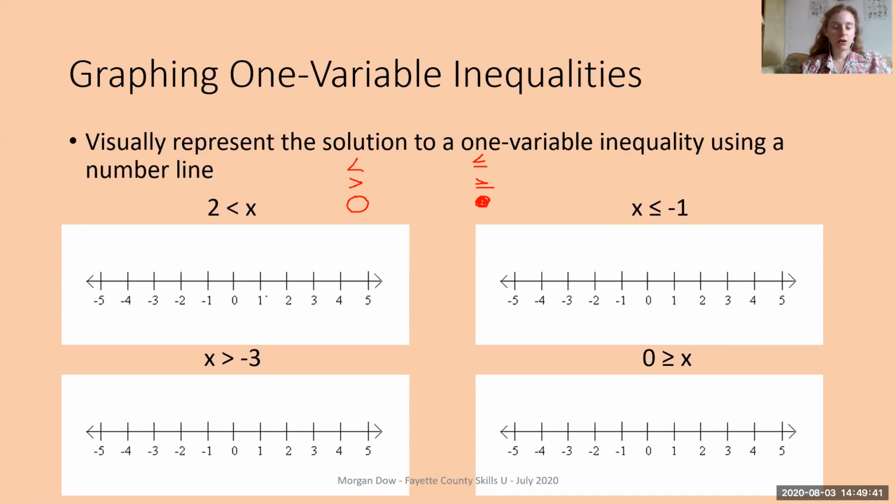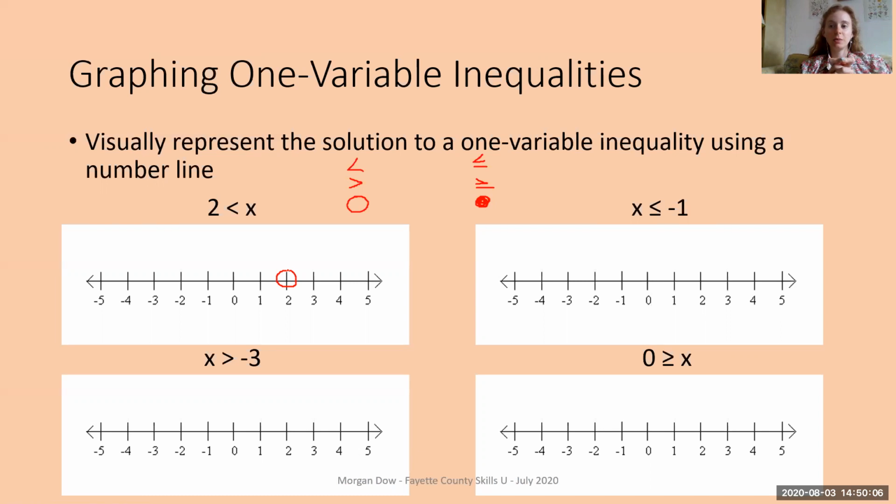All right, so first example here, 2 is less than x. It's less than, so I'm going to put an open circle here. And now the way I represent all of the numbers that x could be is with an arrow pointing in the direction of all the numbers that x could be. So if I think about what this is saying, 2 has to be less than x, right? 2 is less than x.